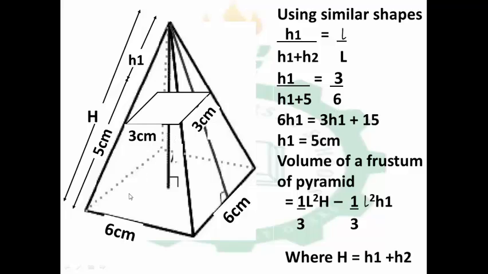Then the volume of the frustum of this pyramid is 1 over 3 L square H minus 1 over 3 l square h1. Remember your capital H is h1 plus h2. So substituting, this is your capital L, 6 square.